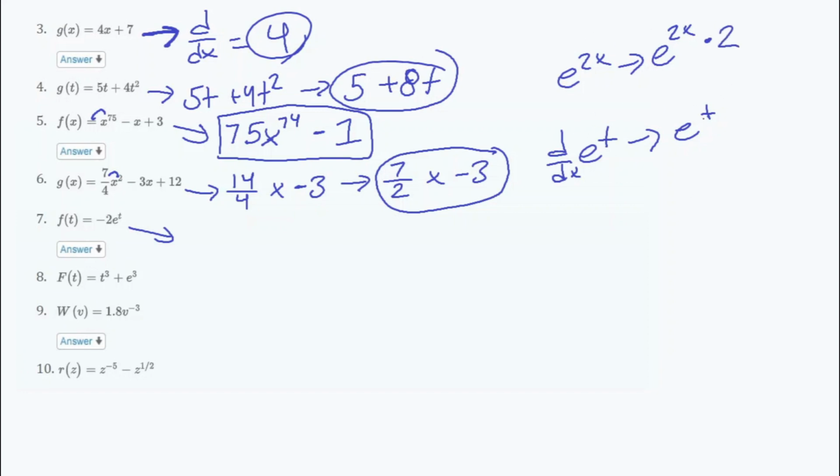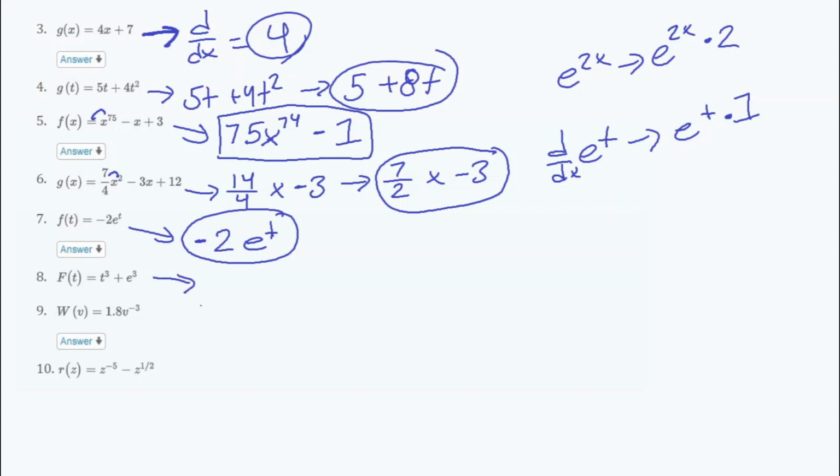The reason why we just keep it as e to the t over here is because the derivative of t, or the variable, is just going to be 1. And there's no reason to put 1, so we just keep it like that. So the derivative of number 7 is going to be negative 2e to the power of t. Since the exponent is just a variable, we're going to have our derivative as negative 2e to the power of t.